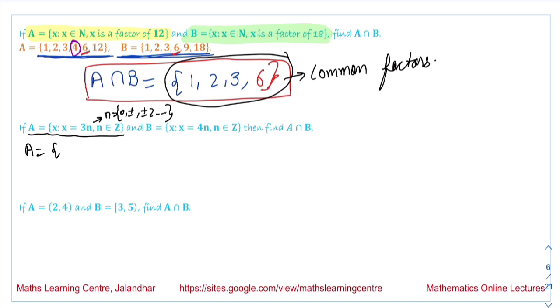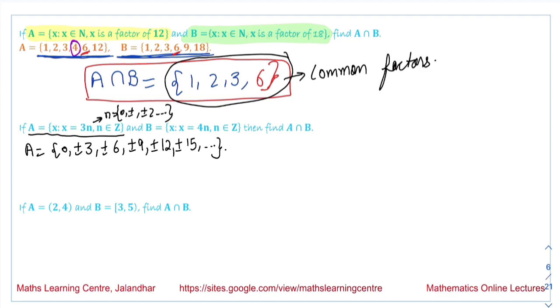So when we substitute these values, we will get that A is equal to {0, ±3, ±6, ±9, ±12, ±15, and so on}.